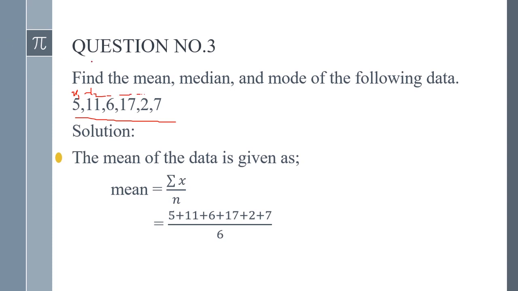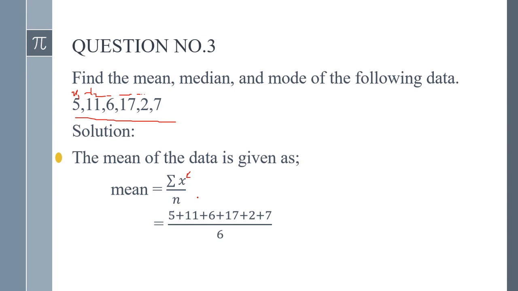So summation x, for the case of average, we need to sum these values up. Each data point is represented as x1, x2, x3, and we need to add them. So we simply say x, which represents data points, and summation, which means we need to sum all these values up, and we represent this with the summation sign.